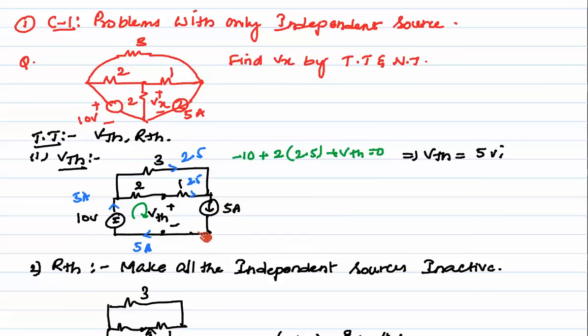So 5 amps is the current flowing up to this point. After this, the 5 amps is equally distributed: 2 plus 1 is 3, and 3 here, in parallel, so they are equal. So 2.5 and 2.5. By applying KVL: minus 10 plus 2 into 2.5 plus VTH, so we get VTH is 5 volts.